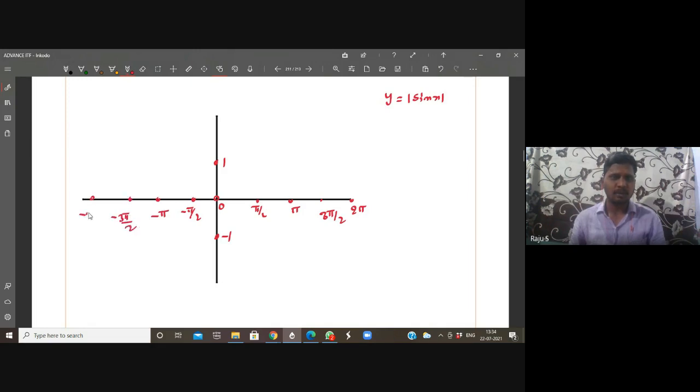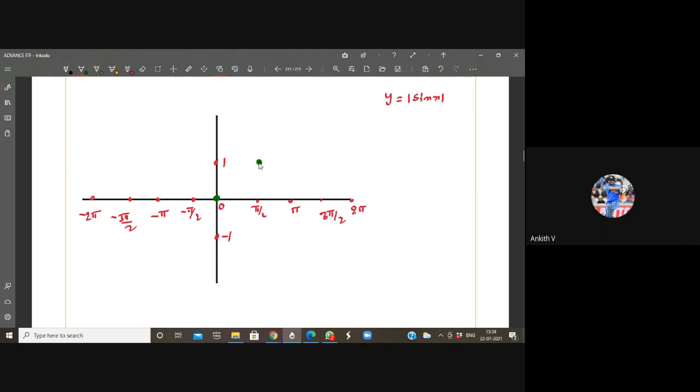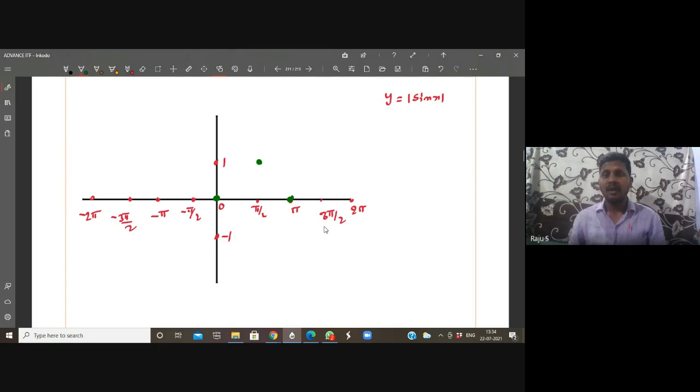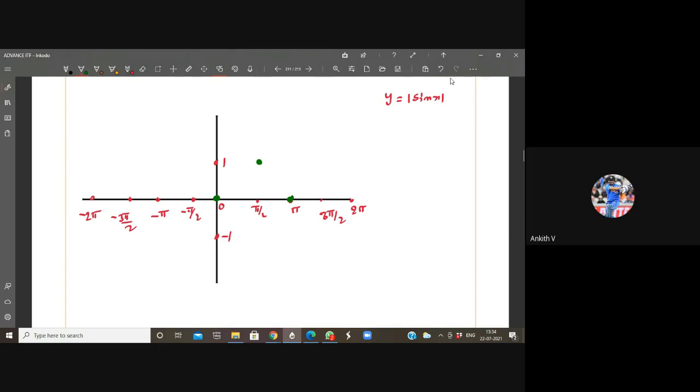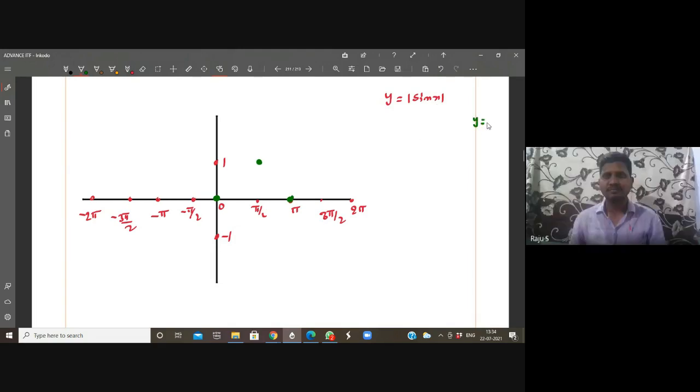Now if we draw the graph of that, what is sine 0? 0. Sine 90? 1. 180, 0. But 270? Actual sine 270 is minus 1, but modulus minus 1 is again 1. In the same way, what is sine minus 90?